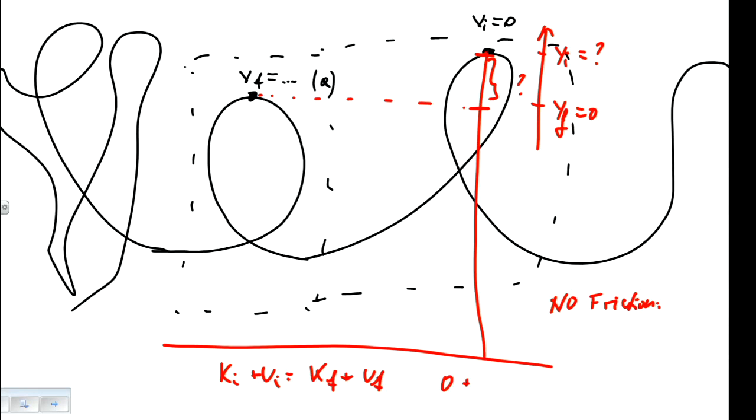Potential initial has that unknown, which we are looking for. Kinetic final is 1/2 mv squared from part A, and final height is 0. You got to cancel the mass again.